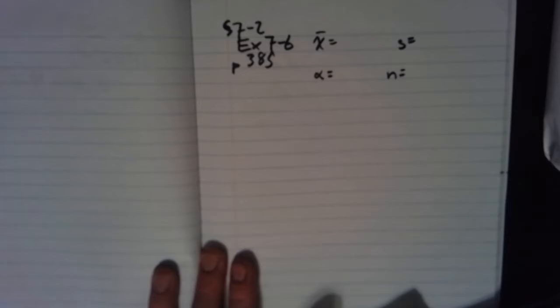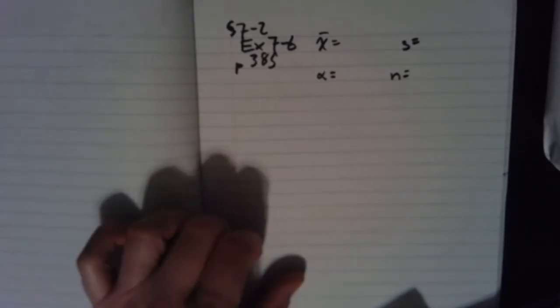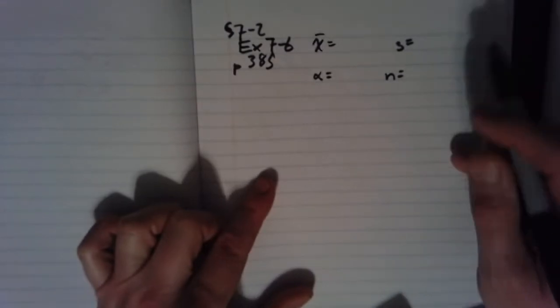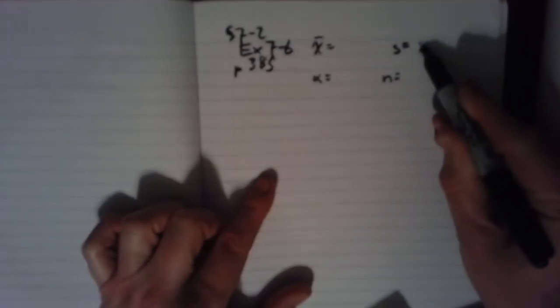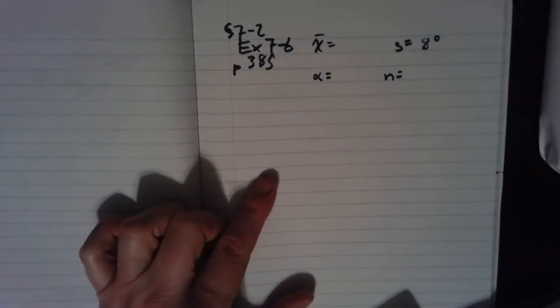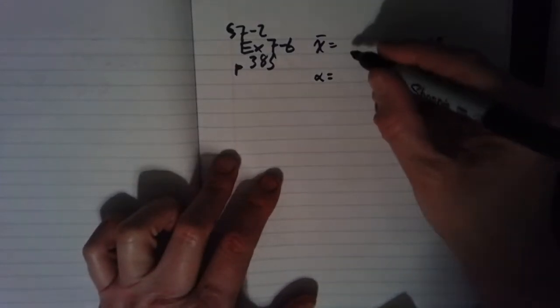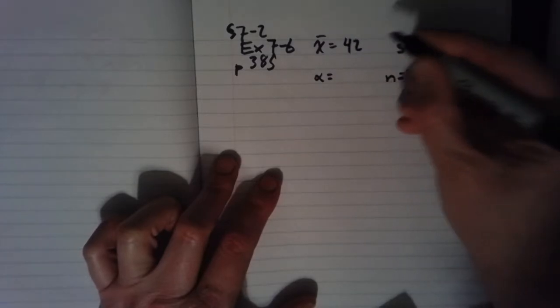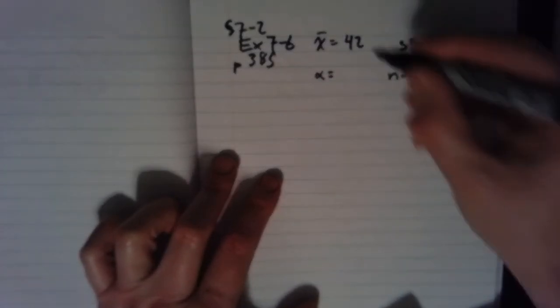If we were looking at this on the test, we would not know it was from chapter 7, section 2. But what is the key here? It says the sample standard deviation. So the standard deviation for the sample is 8 degrees Fahrenheit. The average temperature for these 12 days was 42 degrees Fahrenheit.